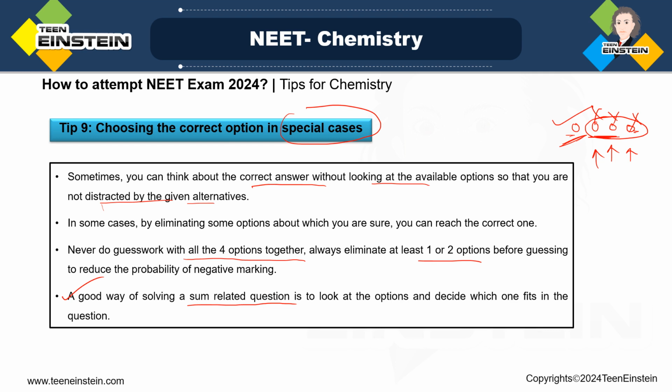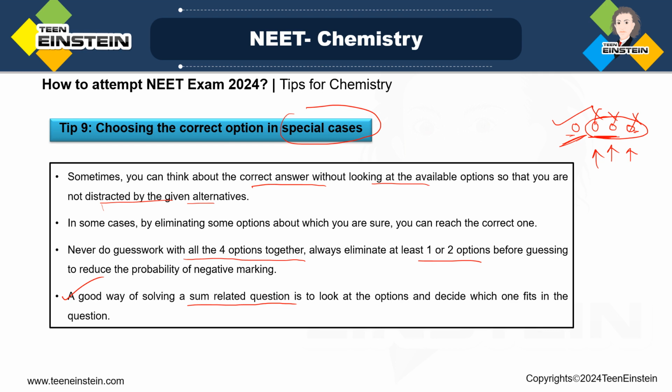If you apply this strategy, ask which option is actually fitting your answer, and whether it is possible. Or suppose you have to find some concentration or unknown value, but the options given are very high or very low values, which is not possible for this particular answer.